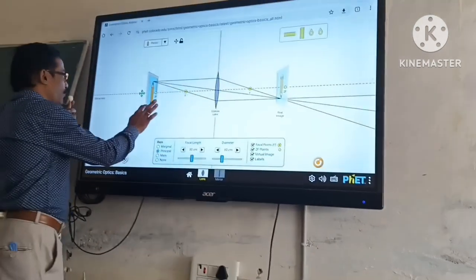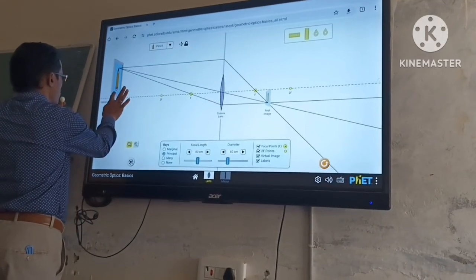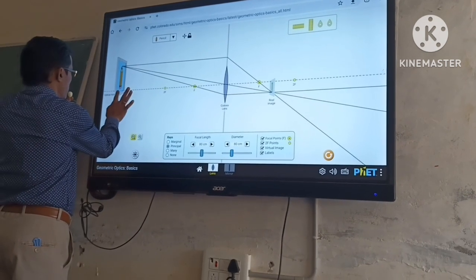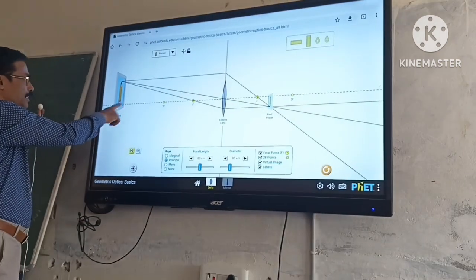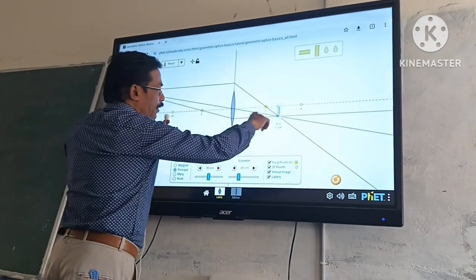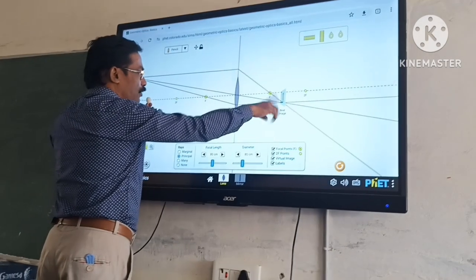Now, starting with the object placed beyond 2f, this is the place where I placed the object. Object is placed beyond 2f, then the image is formed between f and 2f. This is a real and inverted image.